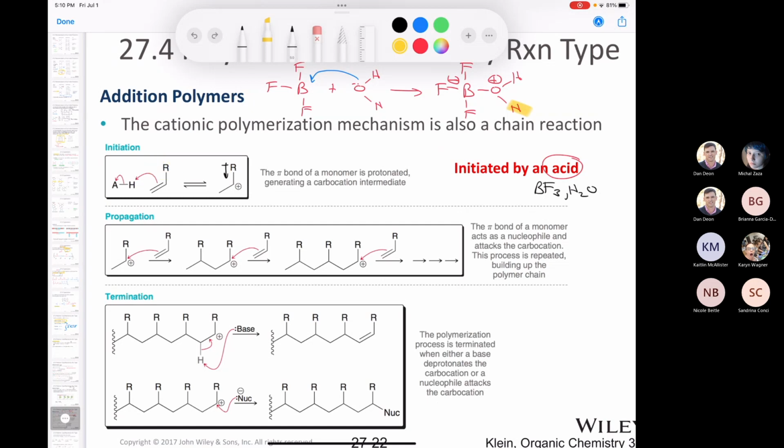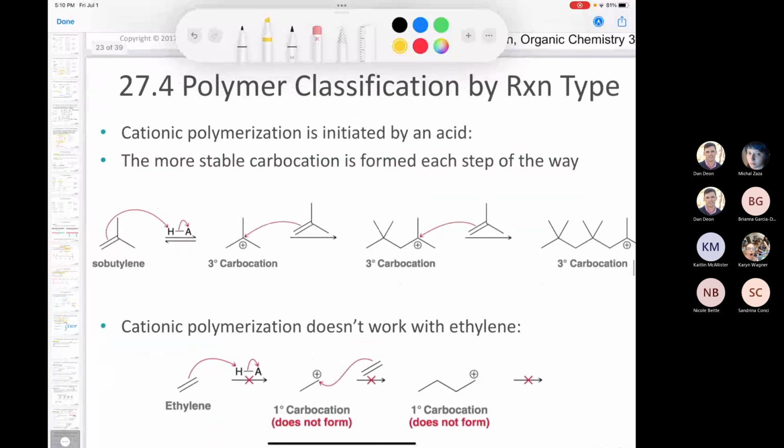Well, if we're proceeding through a cation, the same rules for carbocations always apply. Thus, you can imagine if you had isobutylene, it's kind of cut off here, isn't it? If you had isobutylene as your monomer, there's nothing wrong with using that, because once it gets protonated, you get a tertiary carbocation, and that's perfectly stable. This on the top here, this is totally reasonable.